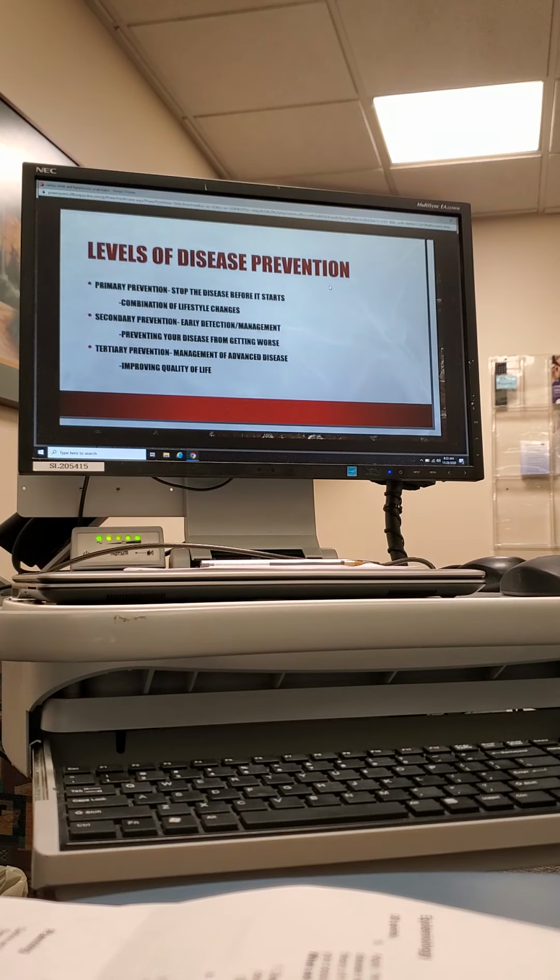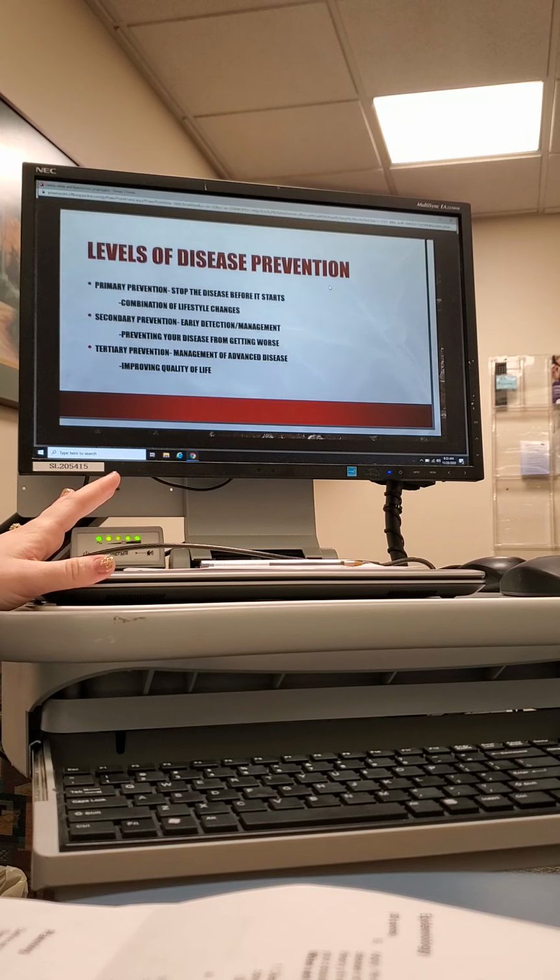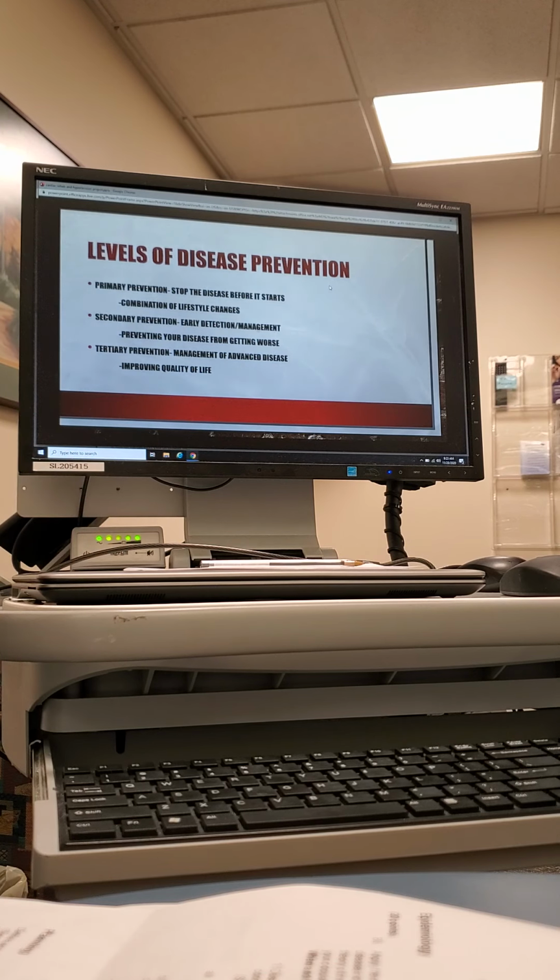Primary prevention, you stop the disease before it starts. So this is like those people who notice their blood pressure was high and they're recommended to make lifestyle changes with no medication. It's a combination of lifestyle changes. Secondary prevention is early detection and management. So kind of where you're sitting.